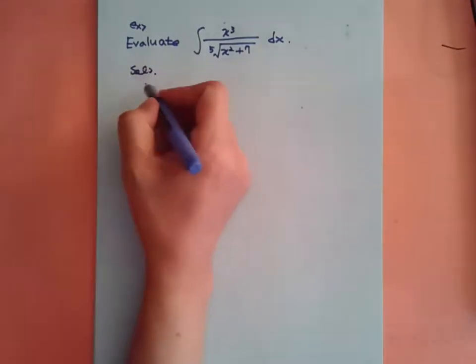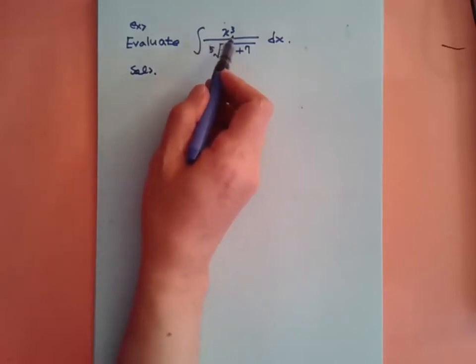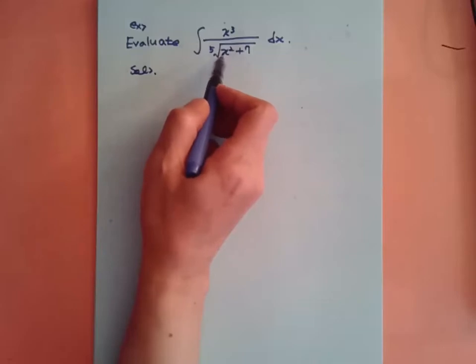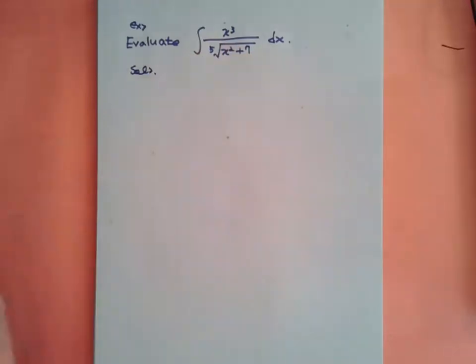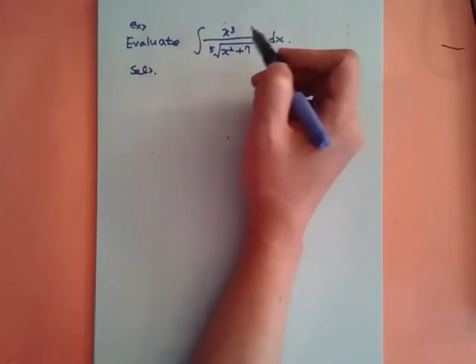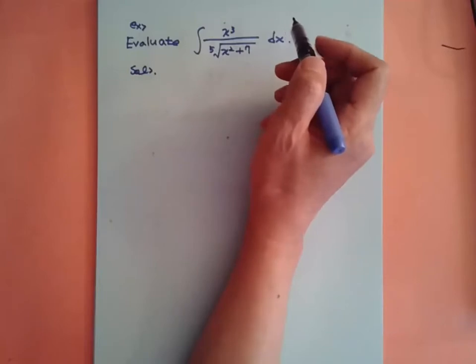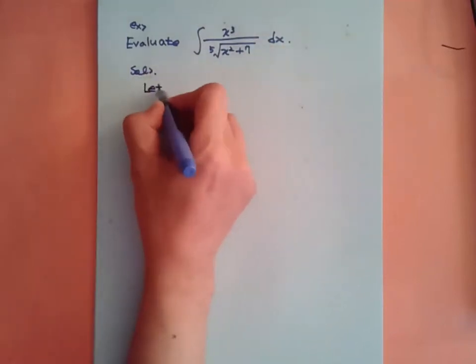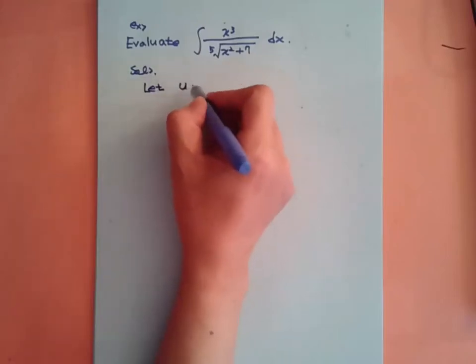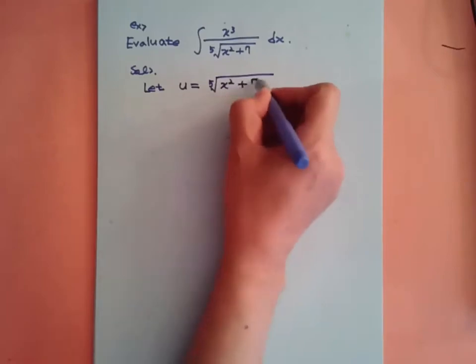We will use the similar trick. Unfortunately, x cubed is higher degree than this one. But maybe you may imagine x cubed can be split into x squared times x dx. But anyway, in this case, what we want to do is put u equals 5th root of x squared plus 7.